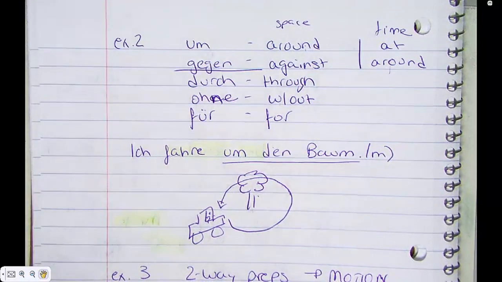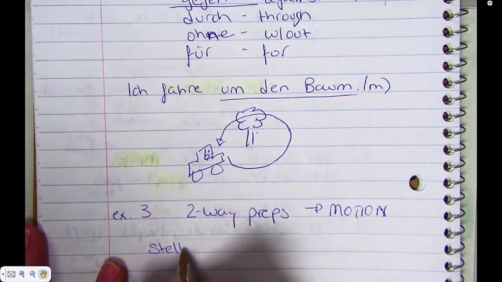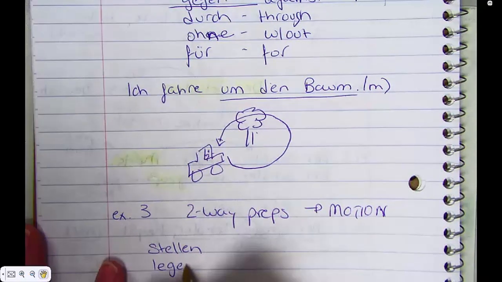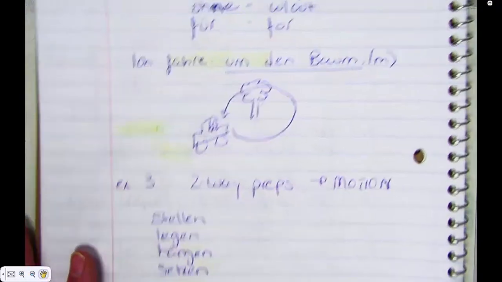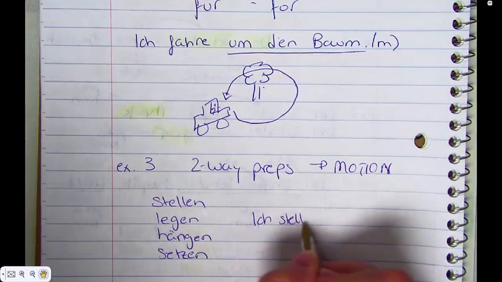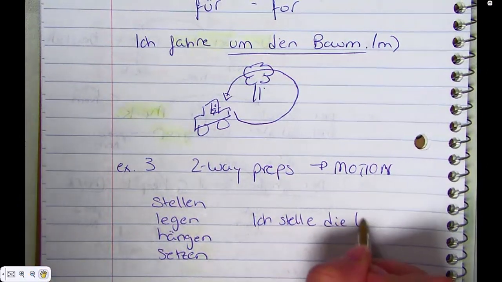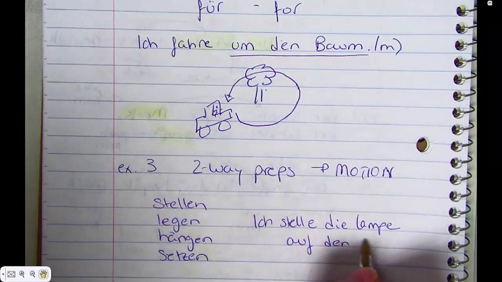Now we just learned this, so you guys should remember that there were a couple of verbs that worked with that, and that was stellen, legen, hängen, and setzen. So one example would be, ich stelle die Lampe auf den Tisch.